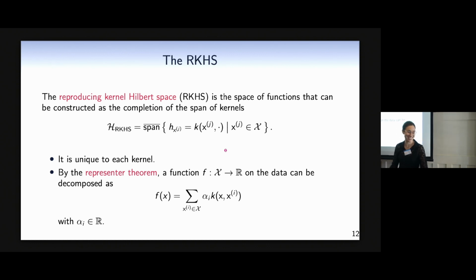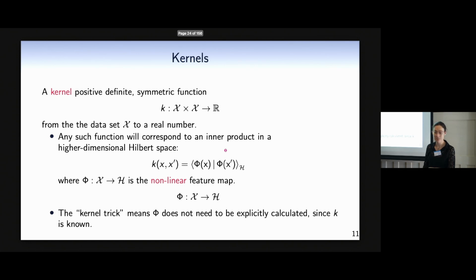So what you have is this mapping here that takes in two bits of data. You leave one slot empty, and you have a set of functions here, and you just take all linear combinations and complete it with Cauchy sequences, and you get a Hilbert space.